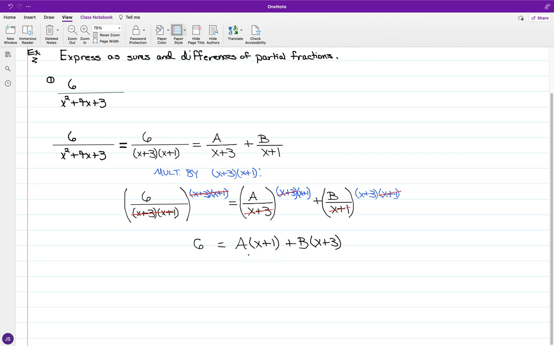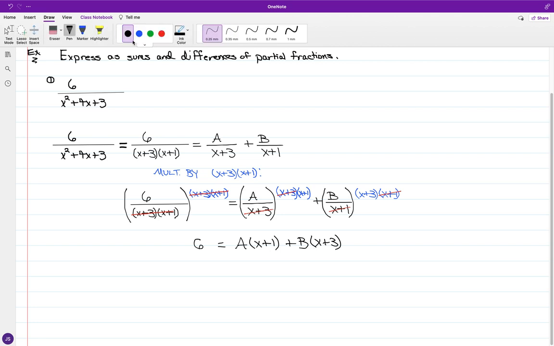What we can do, if we want to determine the value of a first of all, is notice that I can eliminate the presence of b, where it is multiplied by the quantity of x plus 3, and think of zeroing b out. So if I have x plus 3 equal to 0, I can set x to -3. And applying -3 to x in this equation.